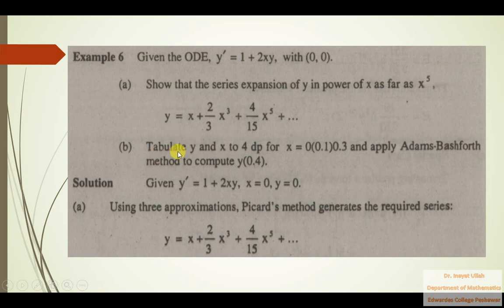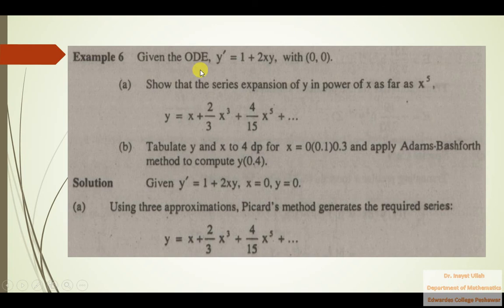Secondly, we need to tabulate the values of y and x up to 4 decimal places for this interval. X starts from 0 up to 0.3 with a step size of 0.1, applying the Adams-Bashforth method to compute y of 0.4.